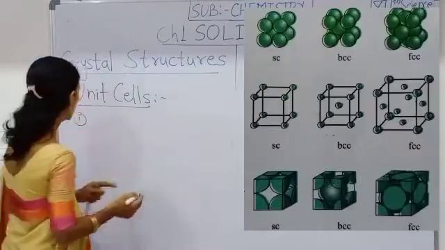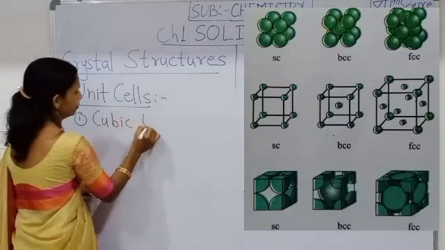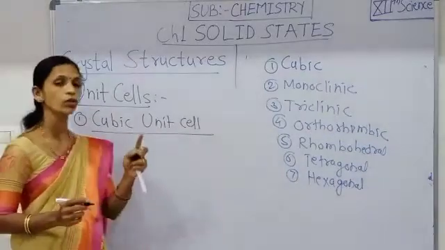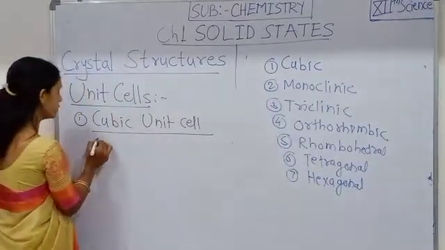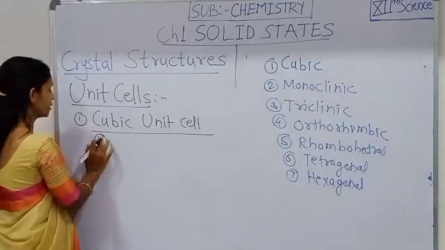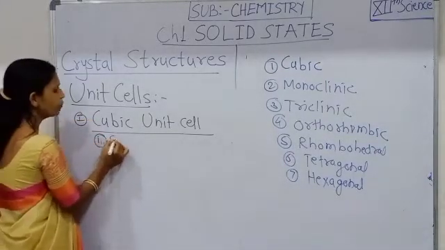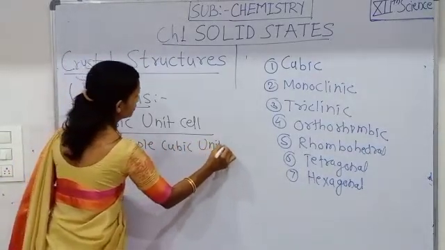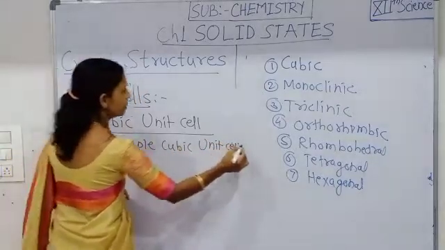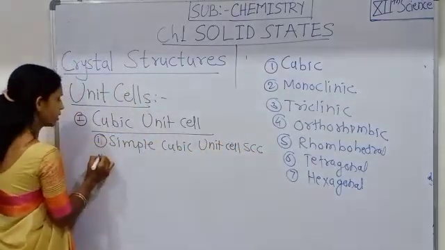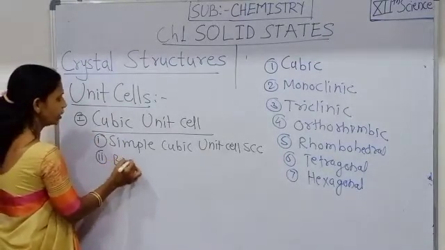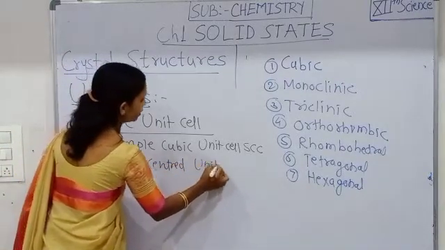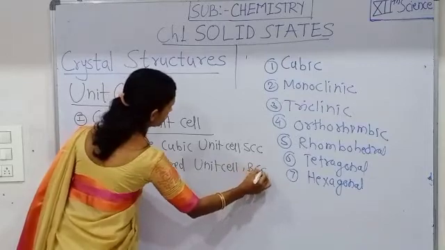First of all, the cubic unit cell, in which there are a total of 4 subtypes. That is, the simple cubic unit cell, which is known as SCC. Second, the body centered unit cell, which is known as BCC.